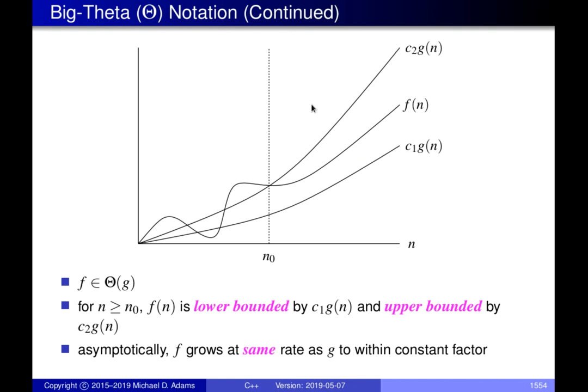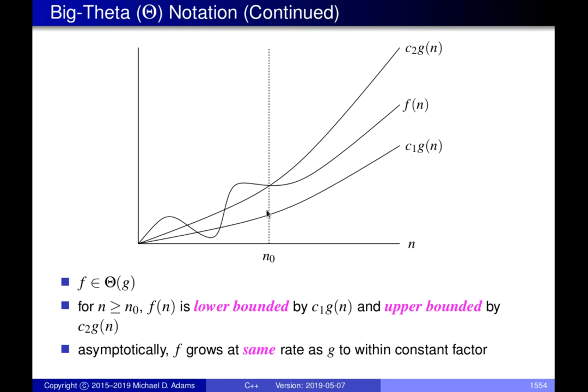So essentially, if this function f is big theta of g, it means that there's some constant c2 that I can multiply g by, such that after we pass a certain point, which is n0 in this graph, everywhere to the right of this point, the function f is always below c2 times g. And similarly, it's also lower bounded by a different constant, c1 times g.